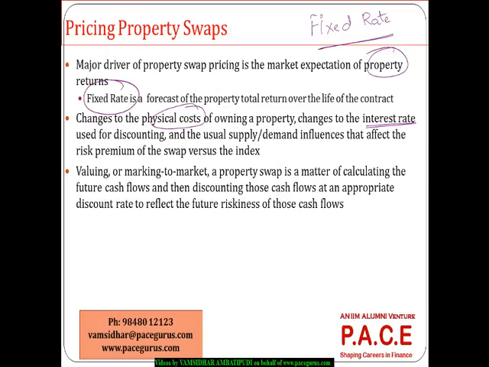So obviously the value of the property is going to change because interest rate is used as a factor for discounting the future cash flows to the present value. And even the demand and supply for a property in a particular geographic location changing. All these things are definitely going to impact the forecasts of the property prices, and in a way they are going to impact the fixed rate of return in a property swap.